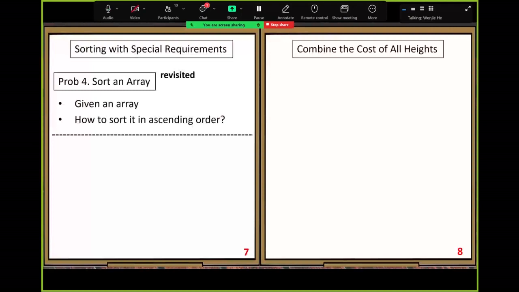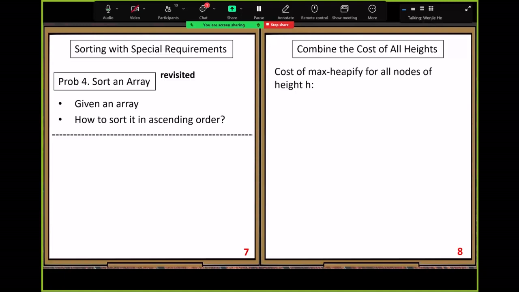So now, combine the cost of all heights. It's not that hard after we understand the single node cost, the cost of fixing a single dirty node. Then we combine all the cost. Pretty straightforward.